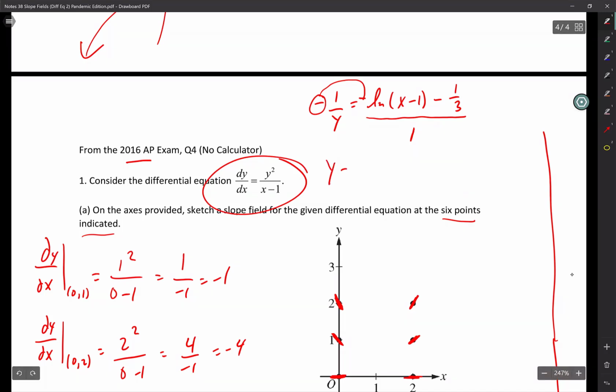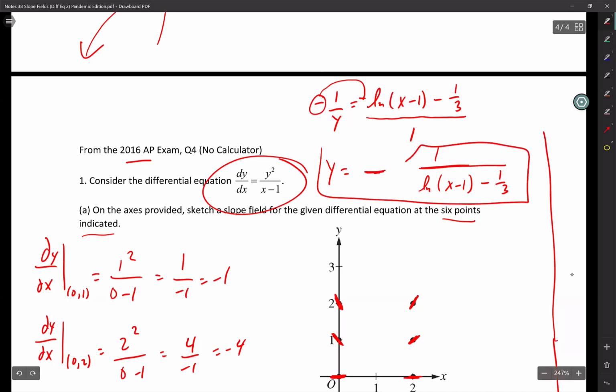So I'm going to write y equals negative on the outside and write 1 over ln of x minus 1 minus 1/3. You can bring the negative on the inside too and write 1/3 minus ln, but that's probably the answer that they're going to have, or at least one of them. How do we feel? All right, should we go look at the rubric?